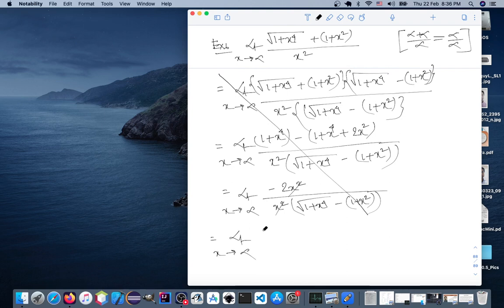So it becomes root over, when x square gets inside root, it becomes x to the power 4. So we have 1 plus x to the power 4 divided by x to the power 4, and over here plus 1 plus x square divided by x square.